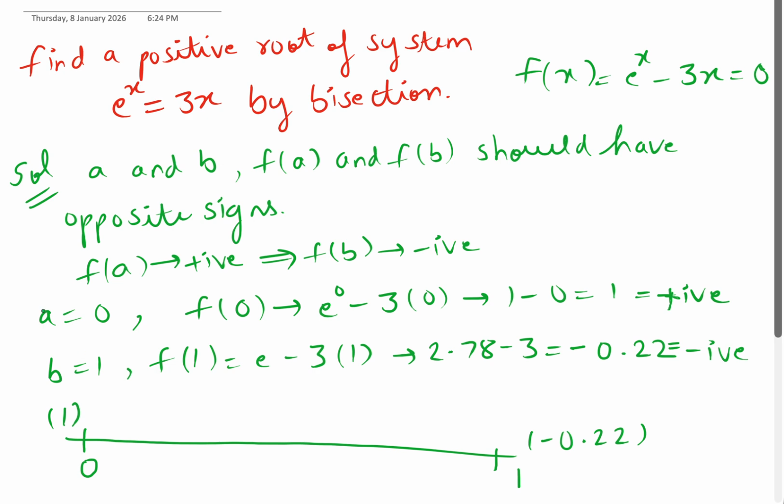Let's find out the first approximation. This will be between a and b. So the first approximation x1 will be between my a and b. So x1 equals (a plus b) upon 2, which means (0 plus 1) upon 2, it will become 0.5.